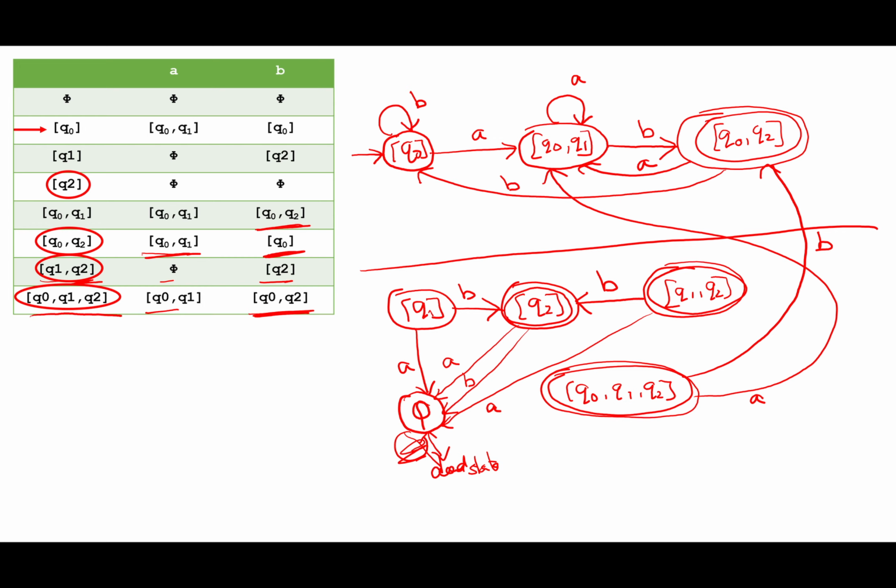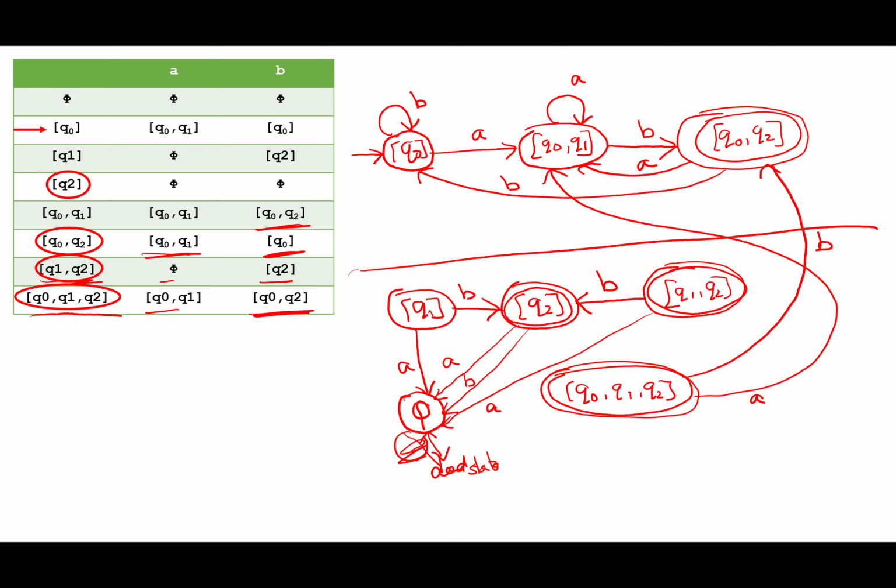Here, if you divide this, the second half, whatever it contains, is not attached with the initial state. Only the first half of the states are connected with the initial state.